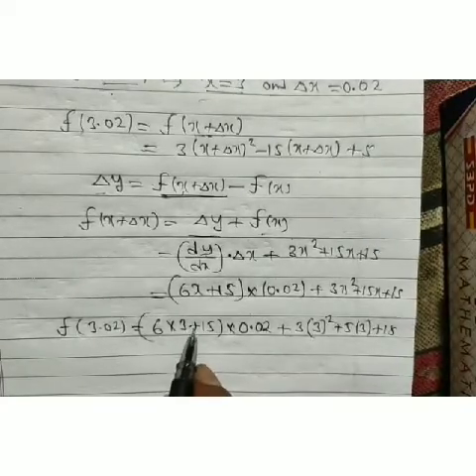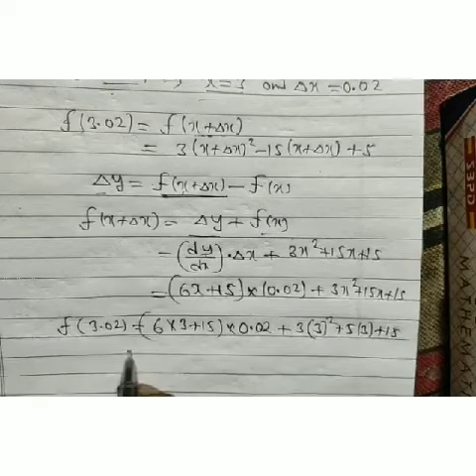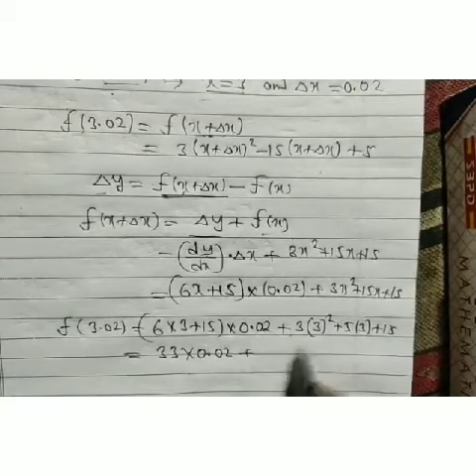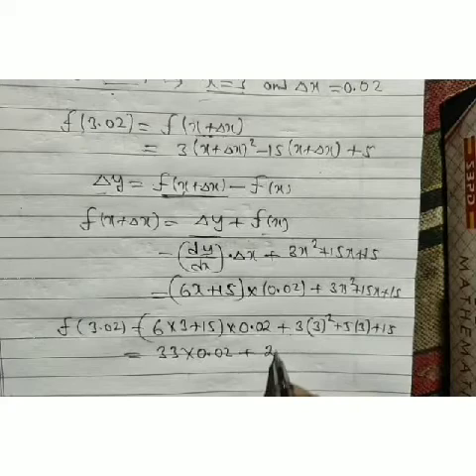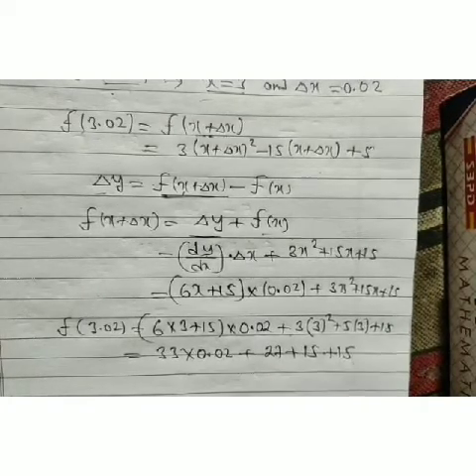It's 6 into 3, 18. 18 plus 15, 33, and into 0.02. And 3 squared is 9, 9 times 3 is 27, plus 15 times 3 is 45, plus 15.